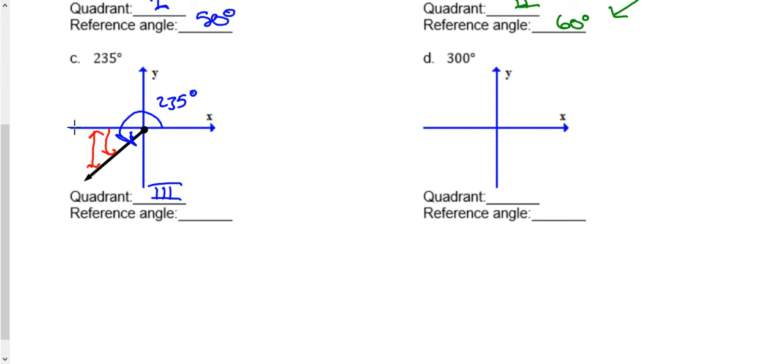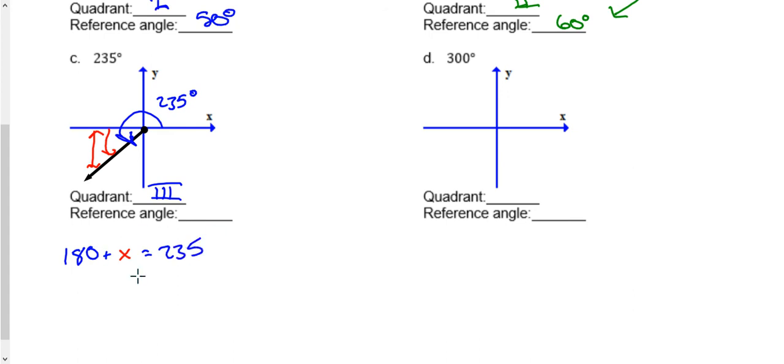So this line here on my x-axis was 180. To get to this line here, I have to ask myself, 180 plus what would get me to 235? So the question I'm asking is 180 plus what unknown, let's call that unknown x, equals 235.